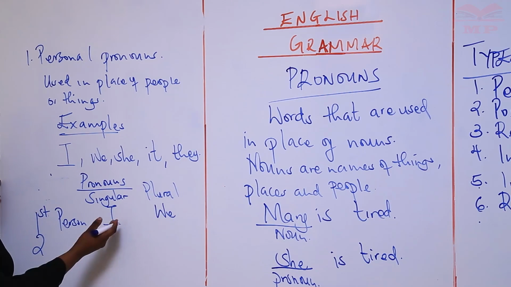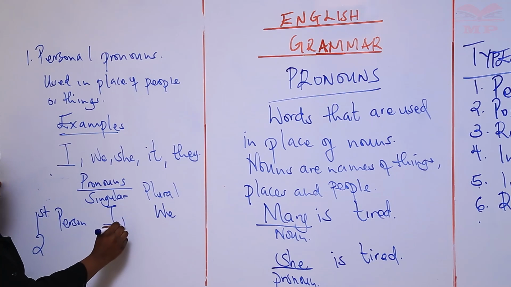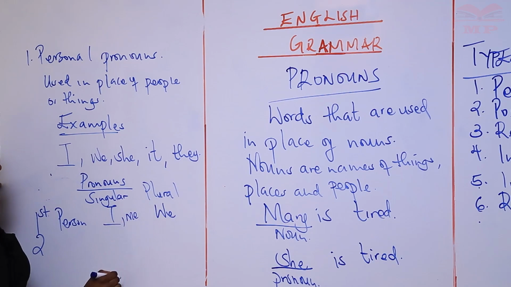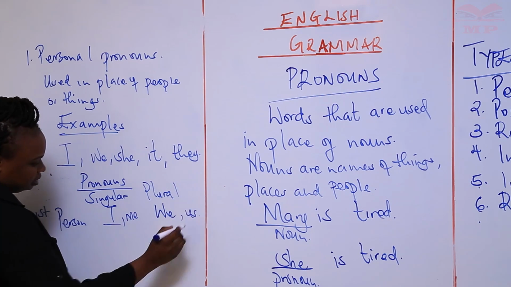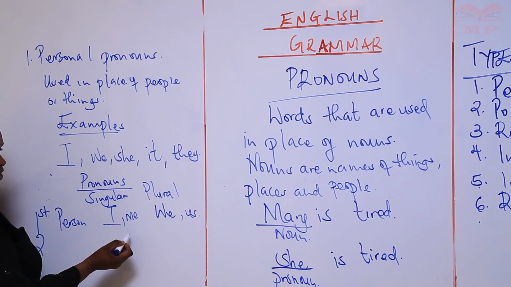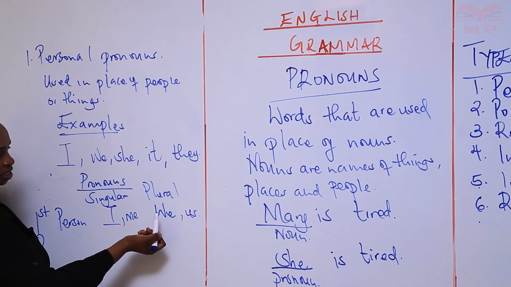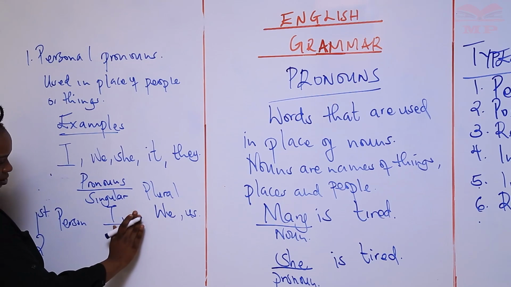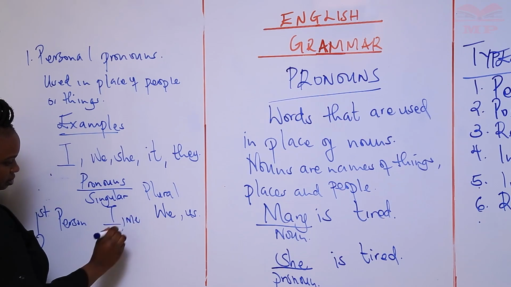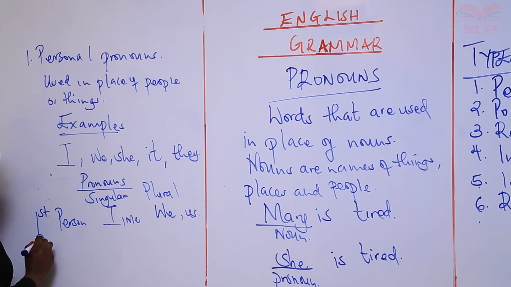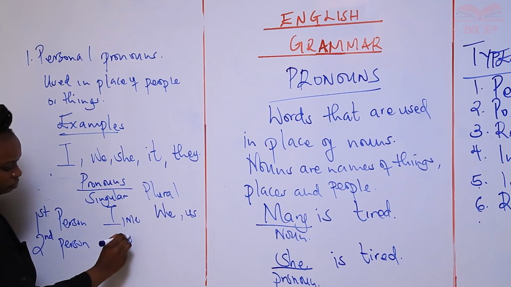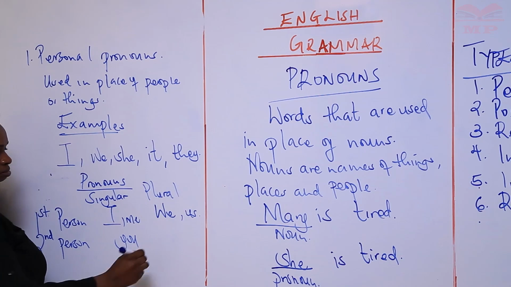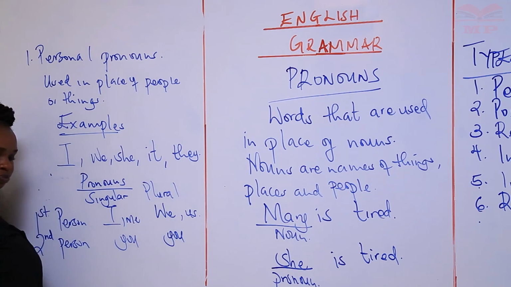Plural is we, and us. Then second person is only one, you. So again in plural you just say you.